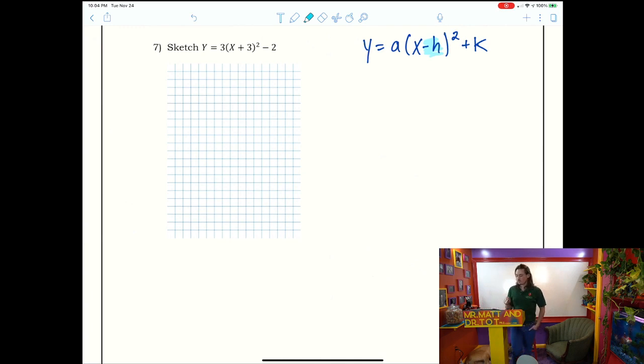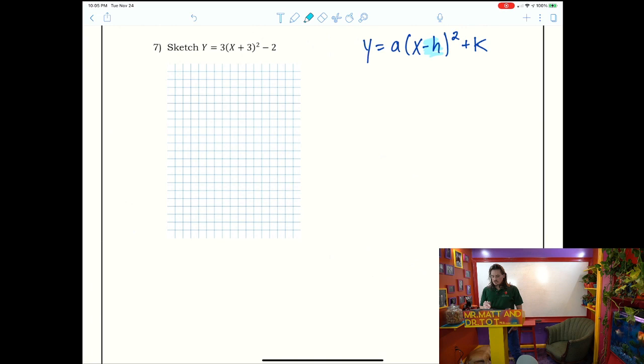With the intercept form, both of the values go against common sense, so they're the opposite of what they look like. But in vertex form, it's just the h value. It's just the x coordinate, the horizontal shift from the parent function, which has a vertex at the origin 0, 0.